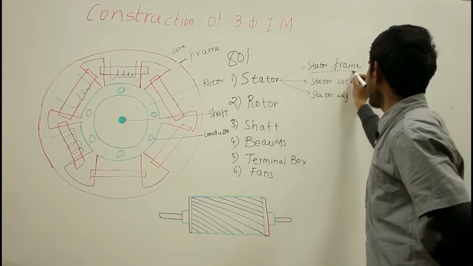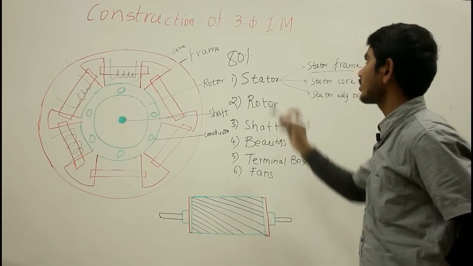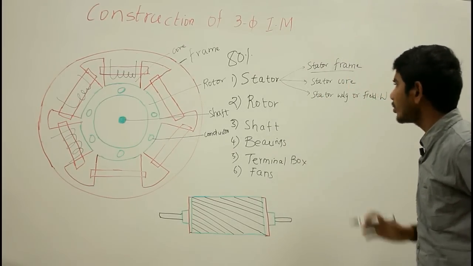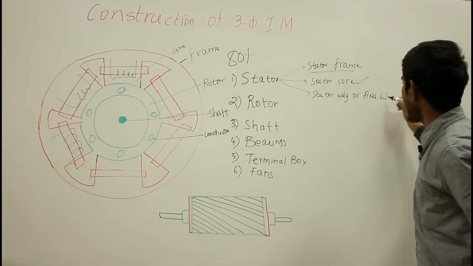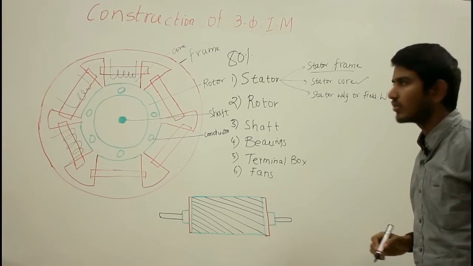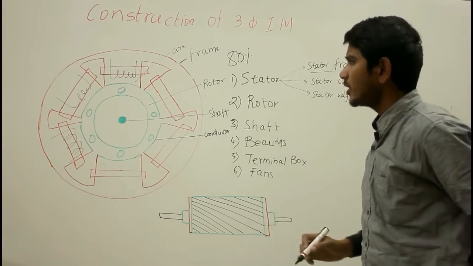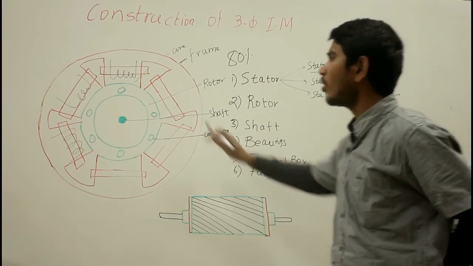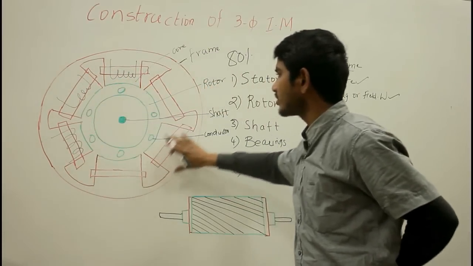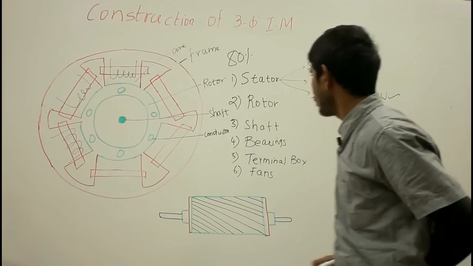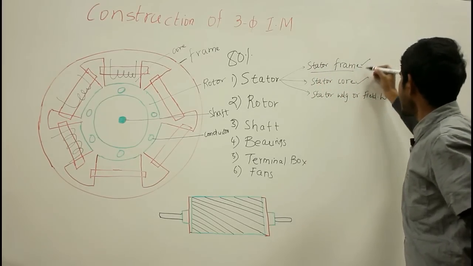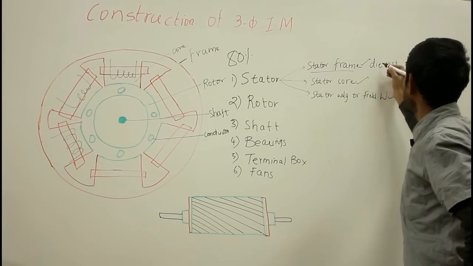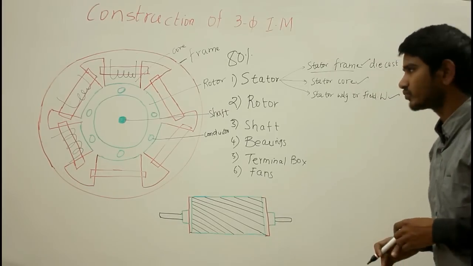Discussing the stator frame, it is the outermost cover of the three-phase induction motor. Its main function is to support the stator core and stator windings. It also provides protection and mechanical strength to all the inner parts. The stator frame is generally made of die-cast or fabricated steel.